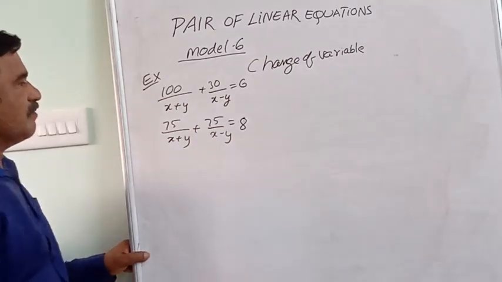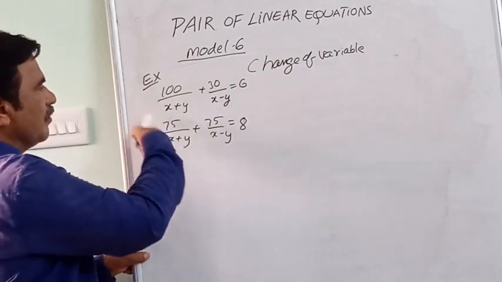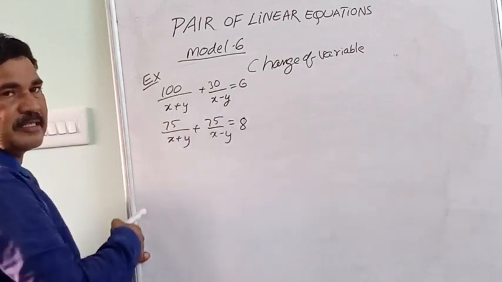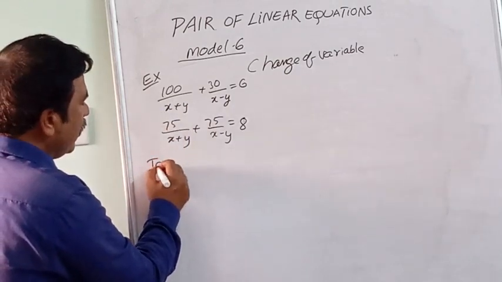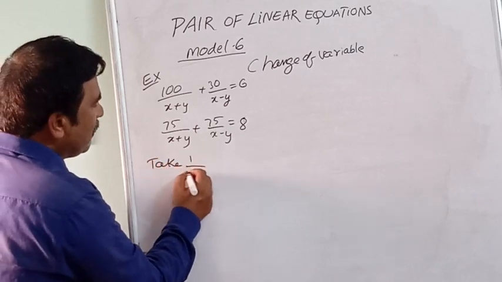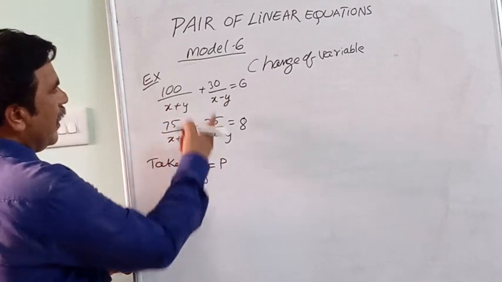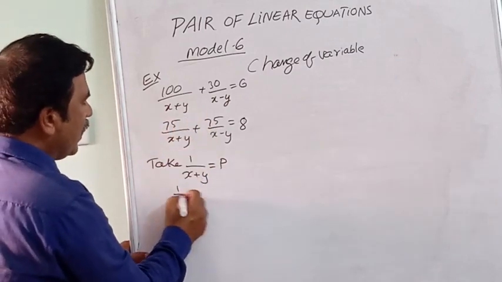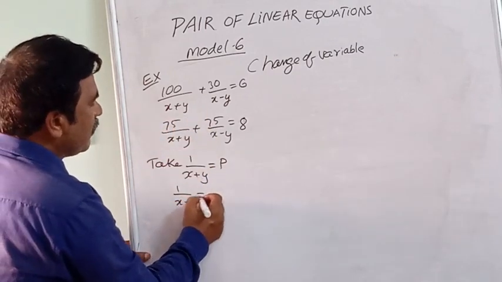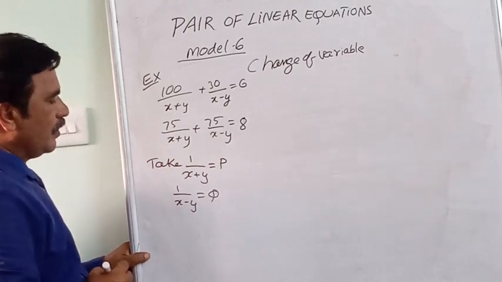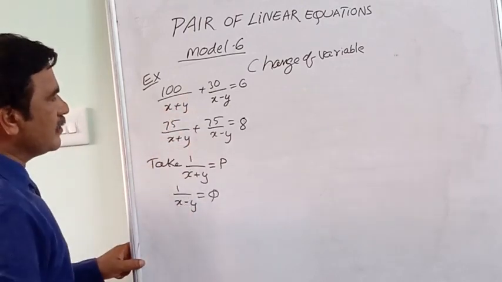Now there is a resemblance in both the equations, 1 by x plus y. Therefore, take 1 by x plus y is equal to p, and in this also 1 by x minus y is equal to q. Rewrite the equations.